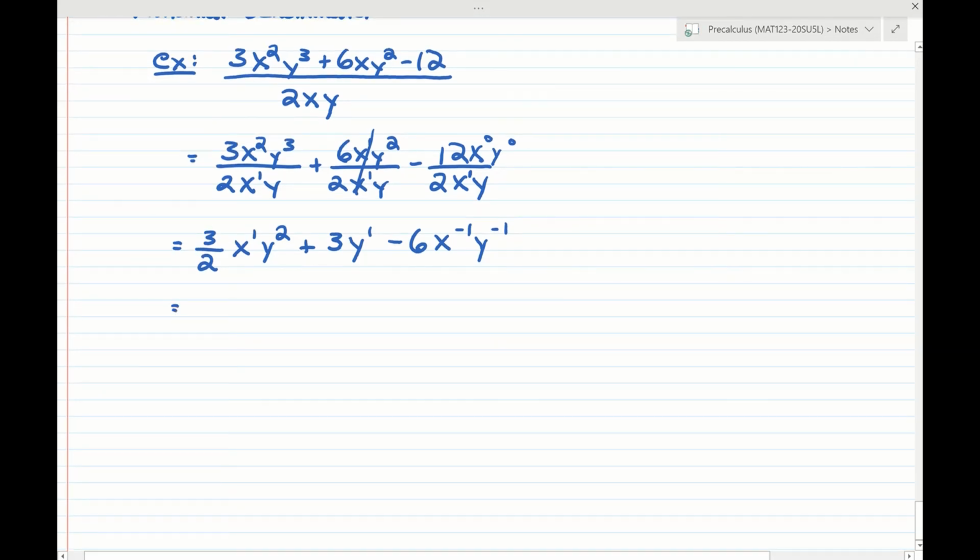As far as what our final answer would look like, we don't usually write fractions and non-fractions together, so I mean, this is fine. Some people accept this, but you should know another way to write that is we could put the x over 1, the y to the second power over 1, and we could write 3xy squared all over 2, plus 3y. And then for the second group, we have the 6, right?